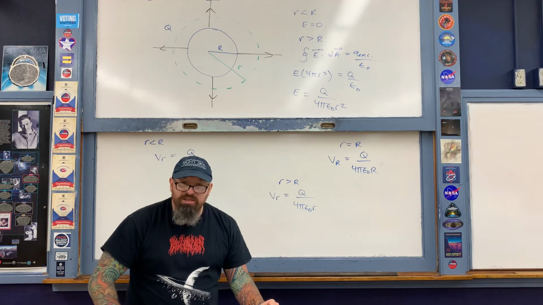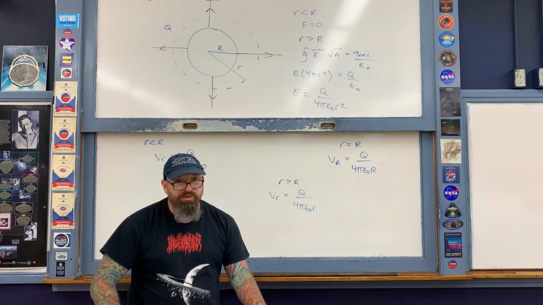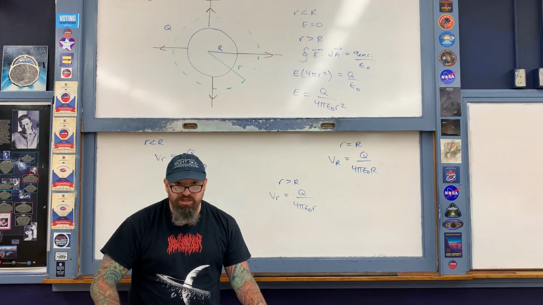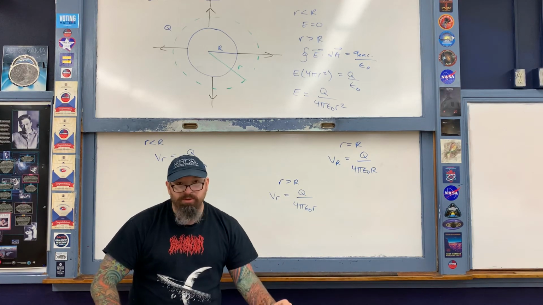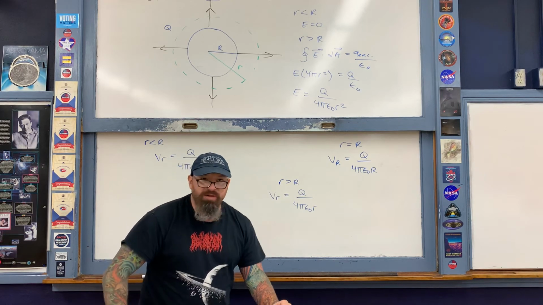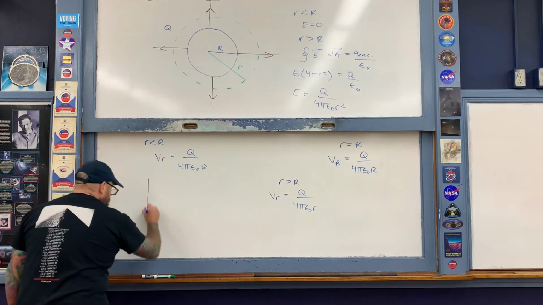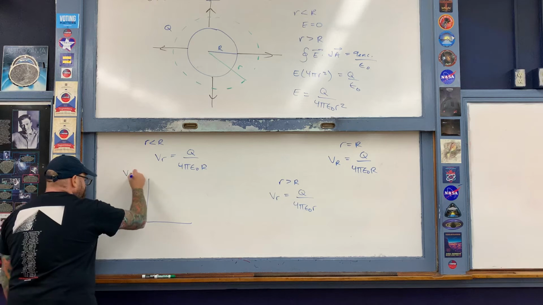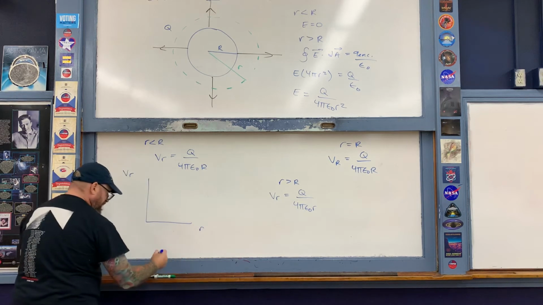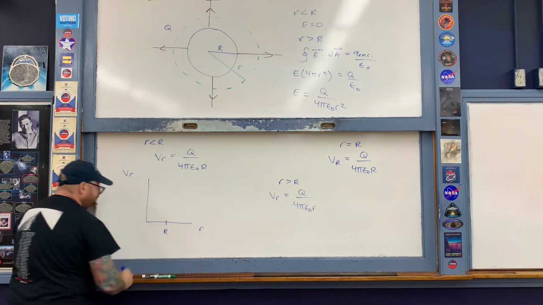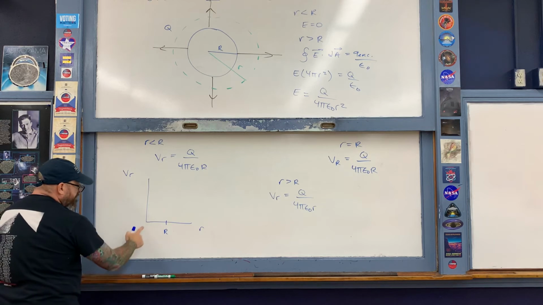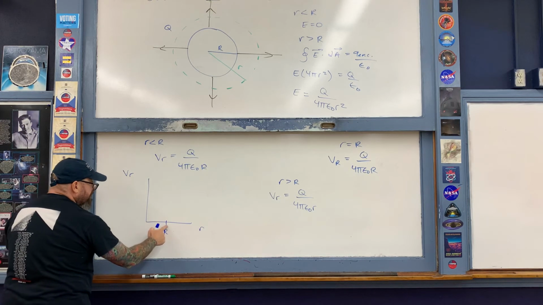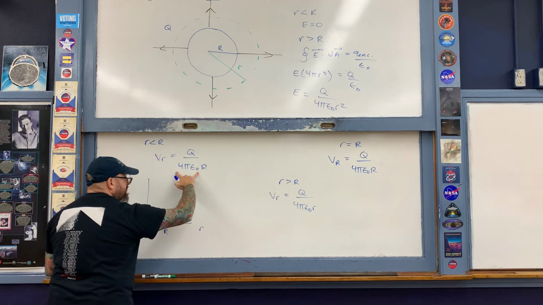Sometimes you'll be asked to graph out this problem in part B, graphing out the potential as a function of small r. You'll typically see this, for example, as a multiple choice question on the AP Physics C exam. So if we're graphing out here the potential as a function of small r, let's say right here is capital R. As we go from r equal to 0 to capital R, the potential is this constant value.